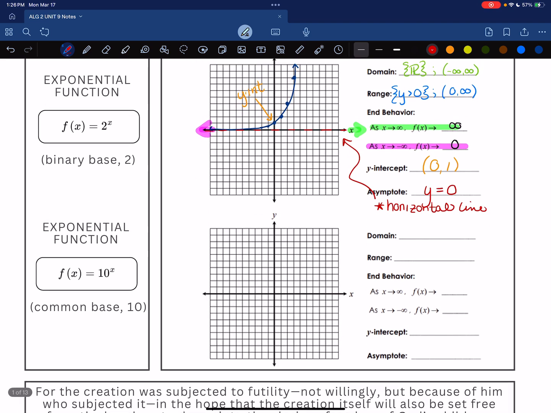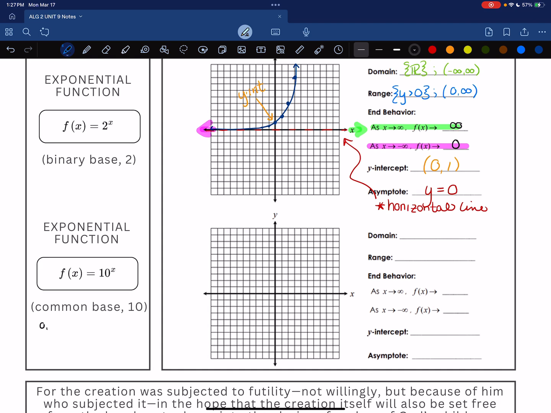So that is your exponential function with a binary base of 2. Now, I want us to look at our exponential function with the common base. The common base is a base of 10. And we see this one a lot because we actually work in a base 10 number system. Think about this with me. How many digits are in our number system?